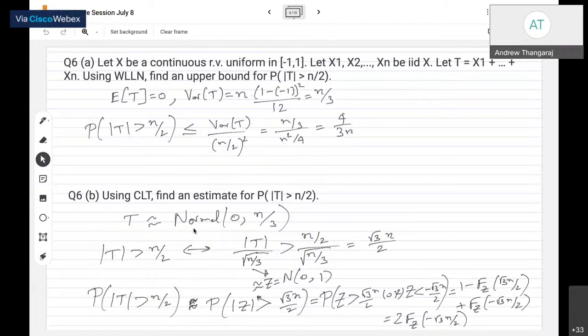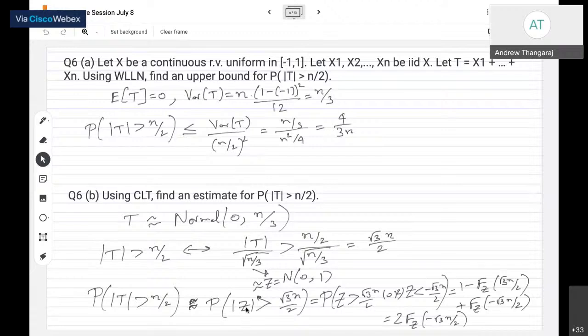So if T is roughly normal, with mean 0 and variance n by 3, mod T greater than n by 2 is the same as mod T by root n by 3 greater than (n by 2) by root n by 3. Why did I do this? I want the standard normal. I want the Z to come in, and T by root n by 3 is Z. So you get the same as mod Z being greater than root 3n by 2.